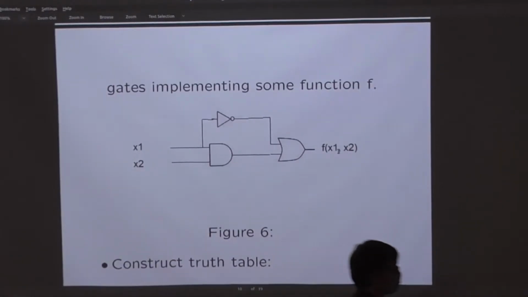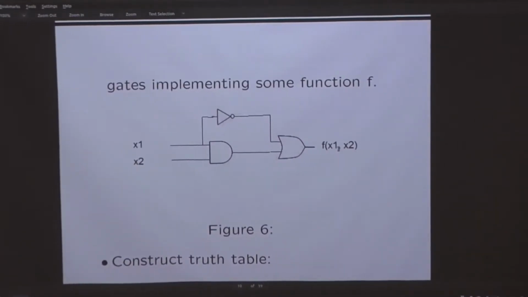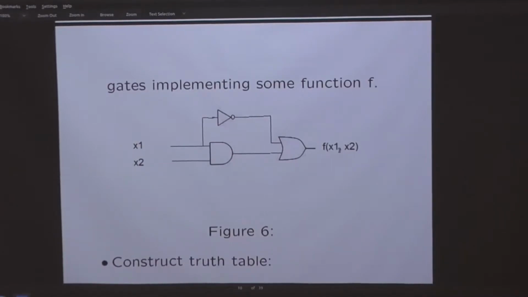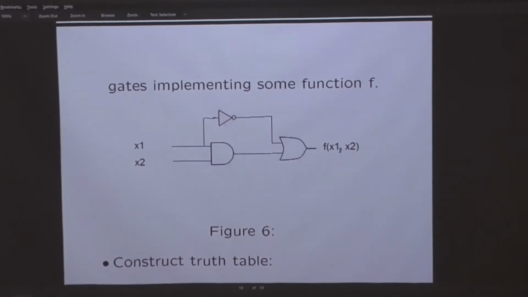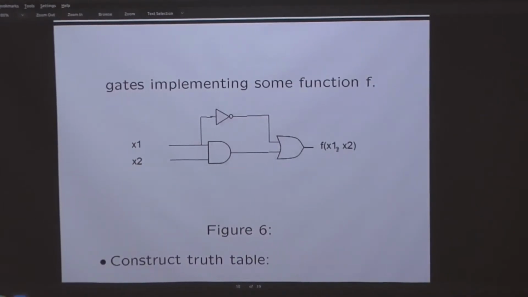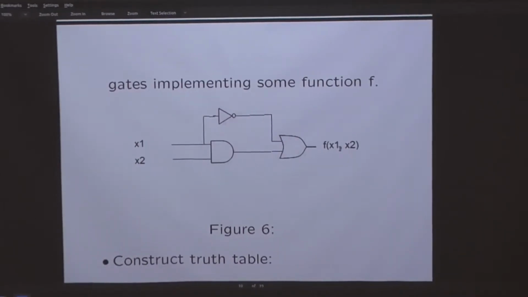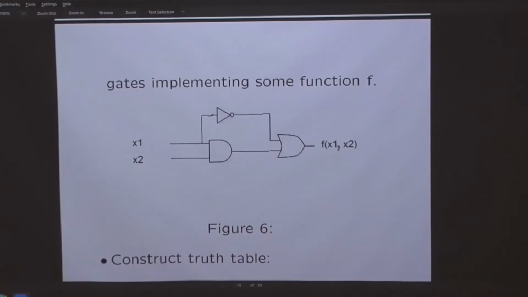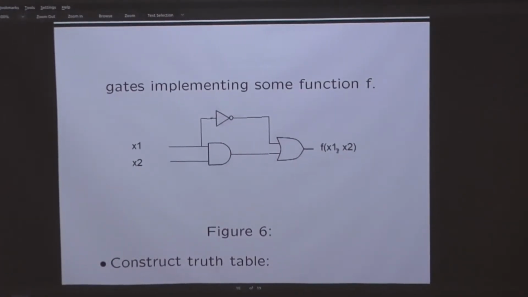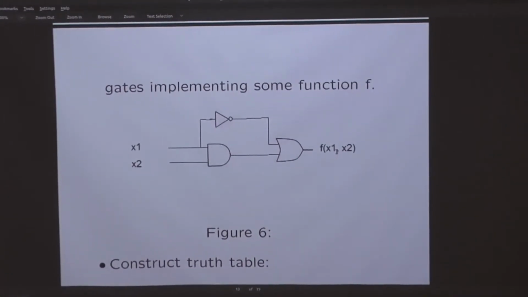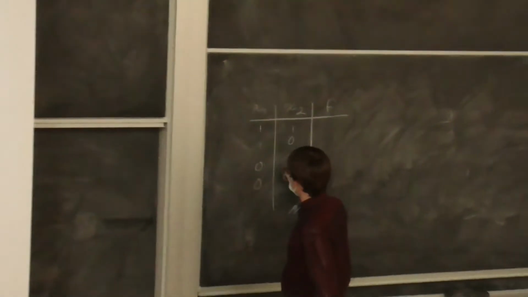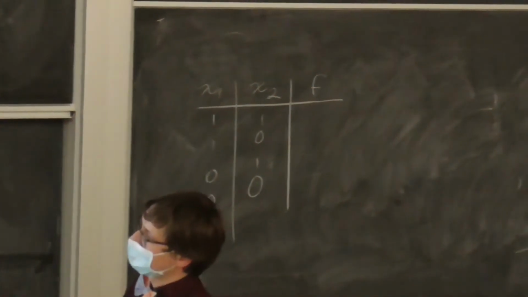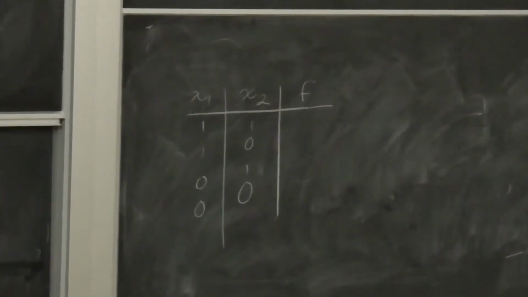If we were to derive a truth table for it, just by analysis of the circuit, what's the case if both of these are true?